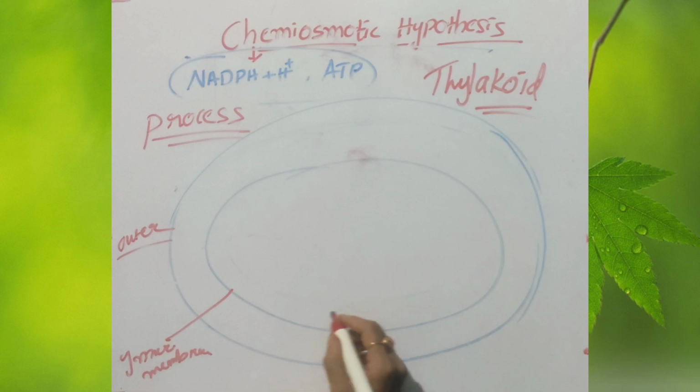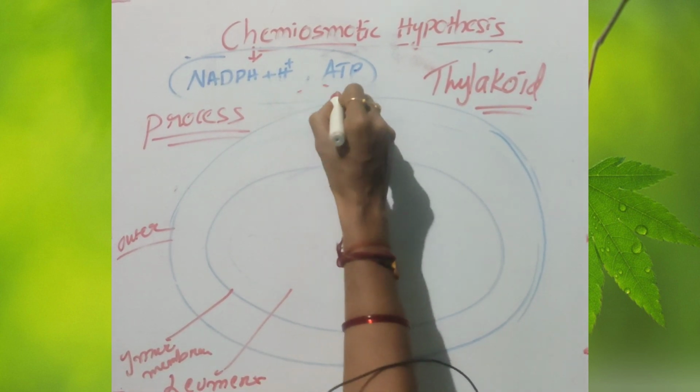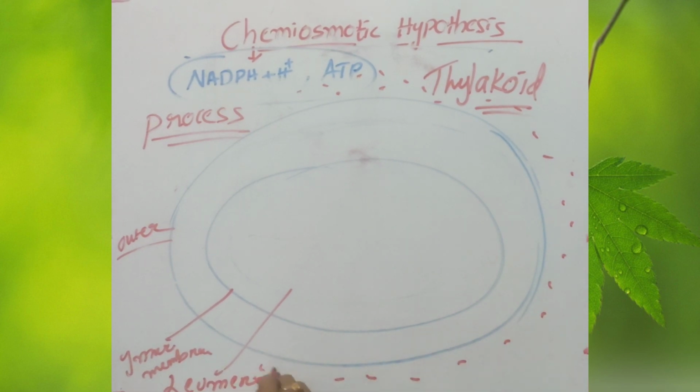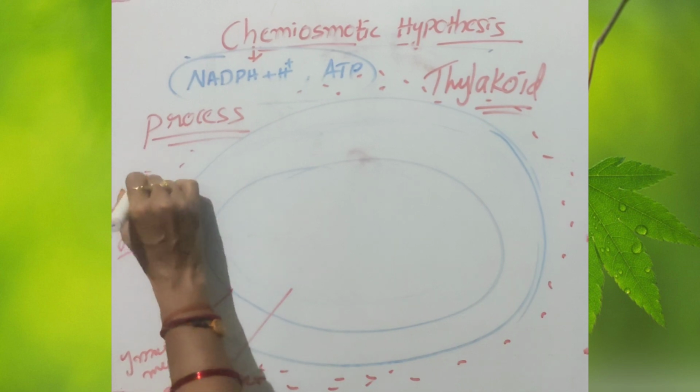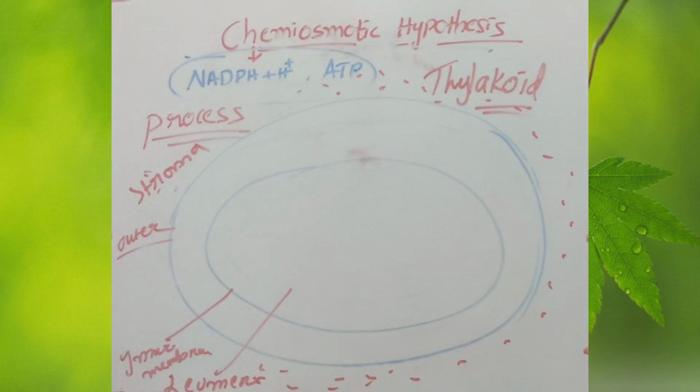The center of the thylakoid is called the lumen. The outside of the thylakoid is called the stroma.